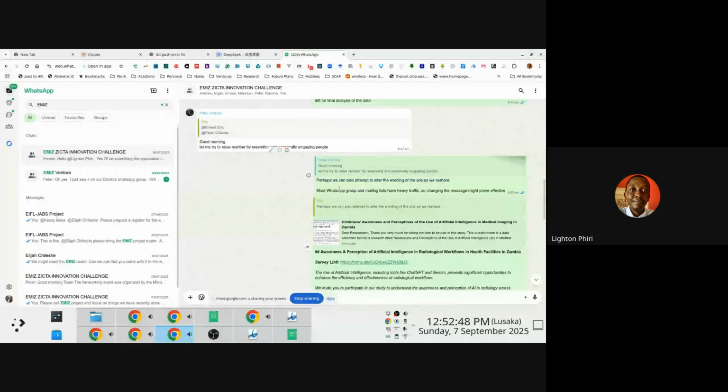So engaging with individuals, the art of persuasion, and then I respond, saying perhaps we can also attempt to alter what we are sending to them. Because if you're sending this via WhatsApp, people see a whole ton of messages on WhatsApp. You send a message, and 5 minutes later somebody is going to send a meme, and that thing is gone. Maybe very few people will see it.